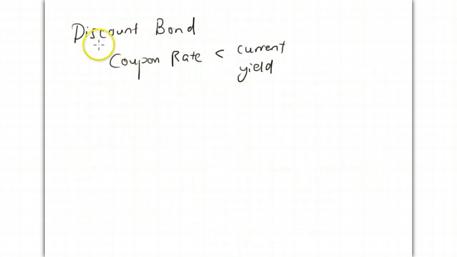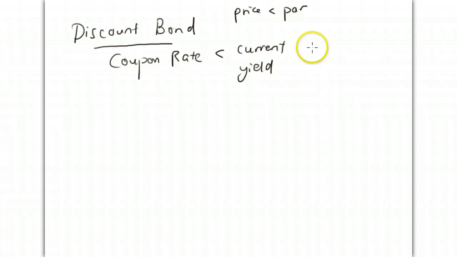We already know that for a discount bond, where the current price is lower than the par value of the bond, the coupon rate will be less than the current yield, which in turn is less than the yield to maturity.